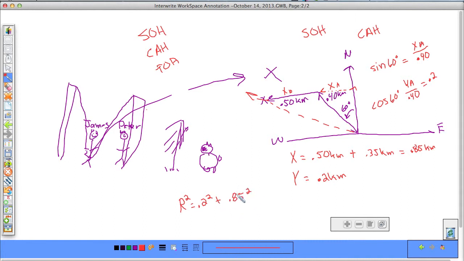I'll take the square root of the whole thing, and I'll just do that in my calculator right now, and I should get 0.87 kilometers. So that tells me the length. So they know they need to slingshot themselves 0.87 kilometers. Okay? So that should be easy enough.